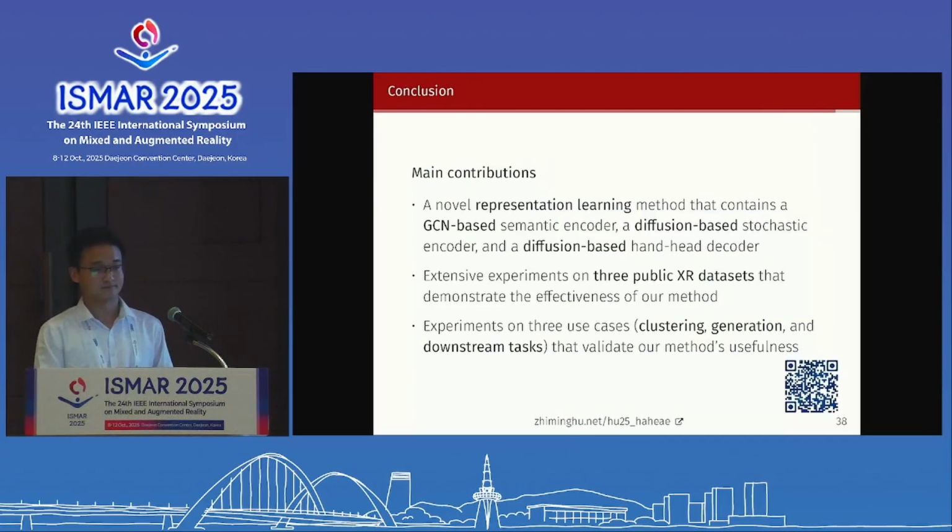Hello, thanks for the wonderful talk. I have a minor question. Can I use the object or scene semantic information as an additional condition for your method? The result could be the hand and head interacting with some virtual object in a scene. Thank you. Yes, that's a good question.